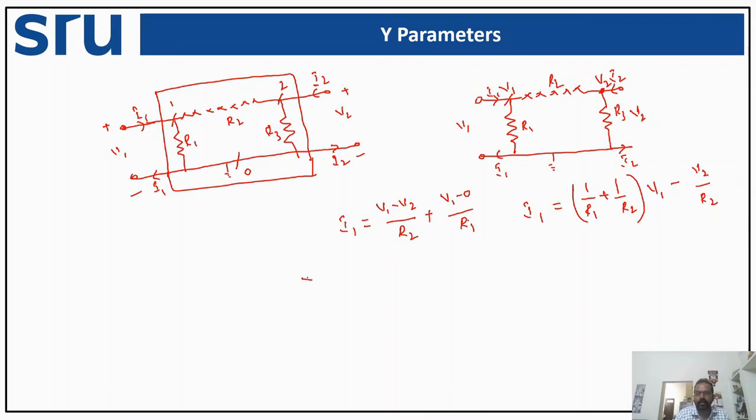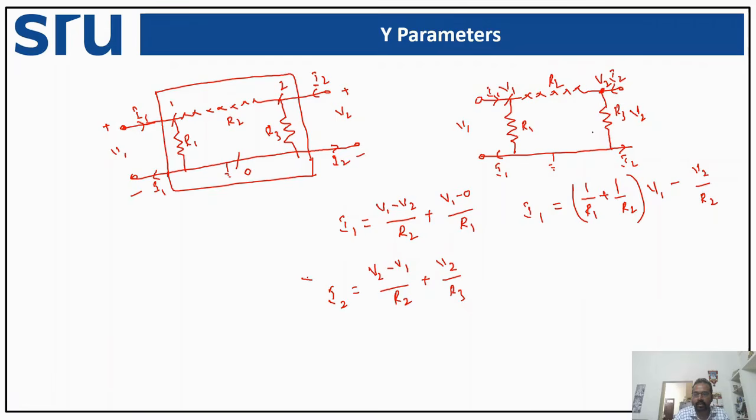Similarly, applying the nodal equation at node 2, the incoming current is I2 and the outgoing current is V2 minus V1 by R2 plus V2 by R3. Here we assume that V2 is greater than V1, so the current is an outgoing current, so it is V2 minus V1 by R2.